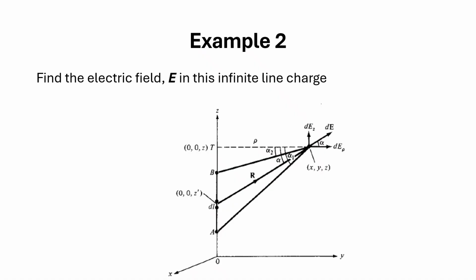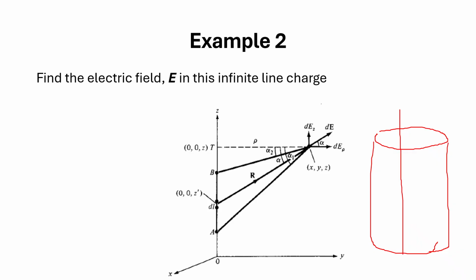To make it simple, assume you have a cylinder with the line inside it at the center. From the center to the edge of the cylinder we have the radius given by rho.